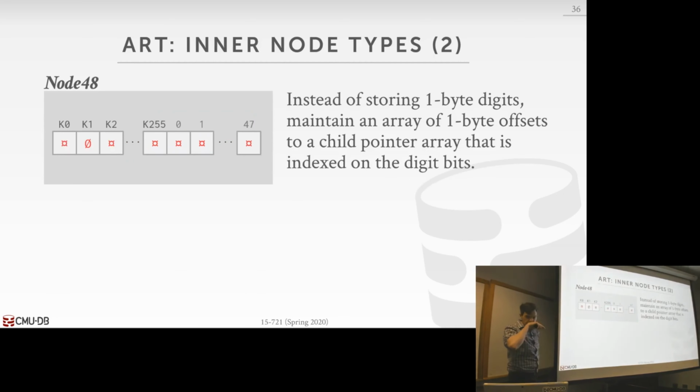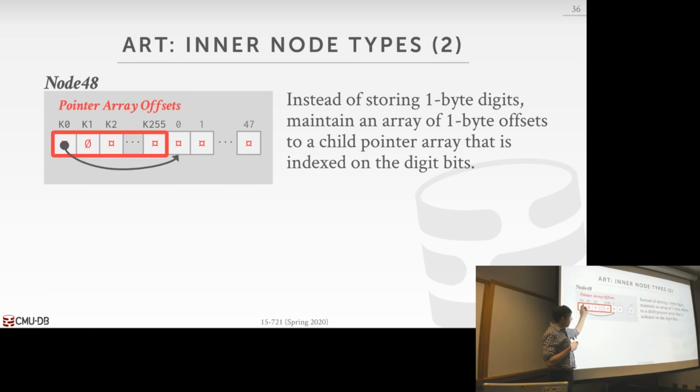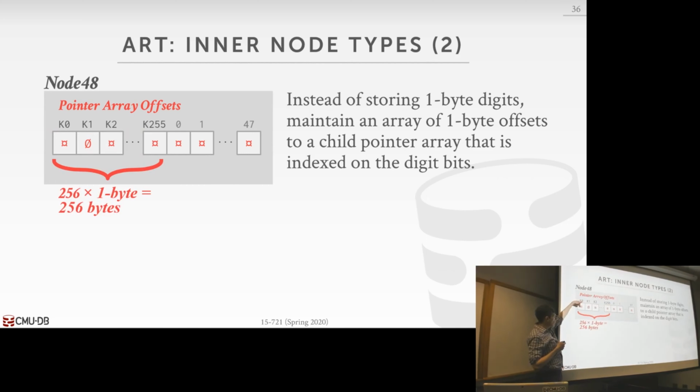Same thing. Now for the node 48, instead of having the bitmap node that we saw in Judy array, they're going to store an array of the keys that have pointers, but the pointers are going to be offsets to another array of the child pointers. In this case, each of these is a 1-byte pointer to some offset, and I have 256 of those, so that's 256 bytes.